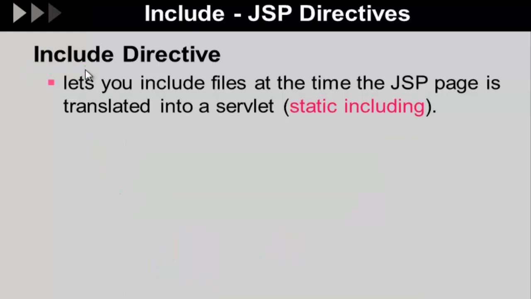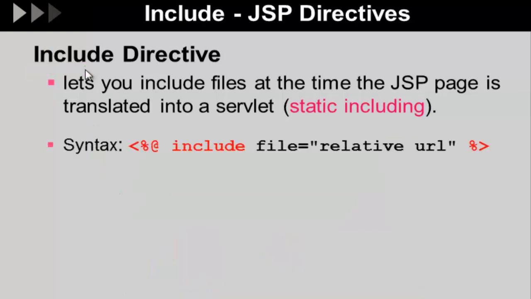That's the use of having the include. So I can say include and specify the path of the HTML or JSP page that needs to be included. It's a static inclusion.